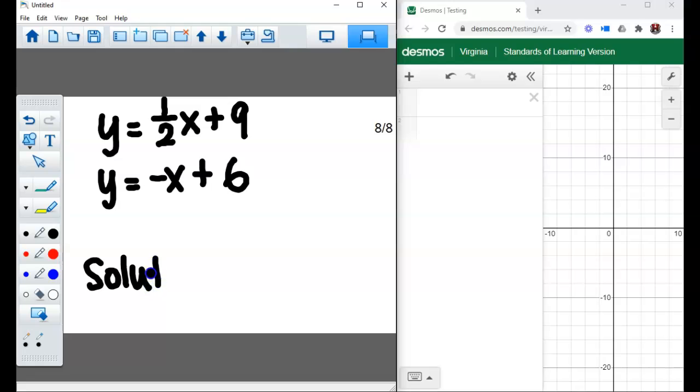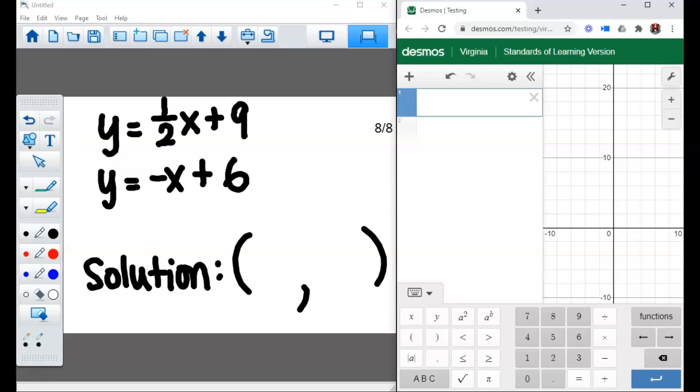And again, we're looking for the solution, which means where the two lines are going to meet. Where do they intersect? So, keyboard, type in the first equation. y equals, to put in 1/2, I'm going to hit my divided by symbol first. Put 1 on the top, 2 on the bottom, and then get out here beside that to put in my x.